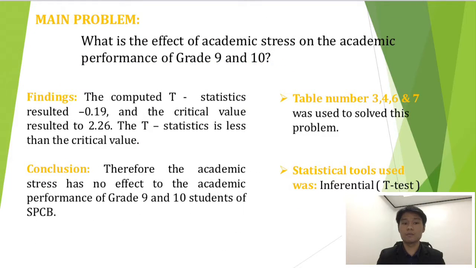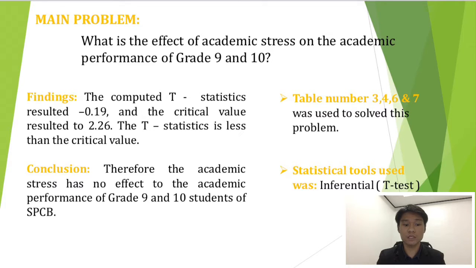For the main problem, what is the effect of academic stress on the academic performance of grade 9 and 10 students? To find the findings and conclusion, we use table number 3, 4, 6, and 7. For the findings, the computed t-statistic resulted to negative 0.19. The critical value resulted to 2.26.